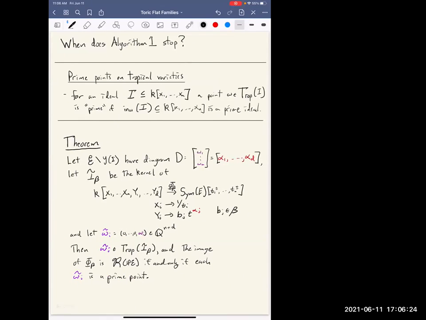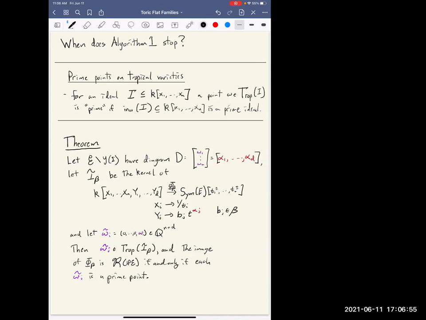So it would be nice, though, to have more than just an algorithmic description in terms of these diagrams of when we have a nice finite generating set of the Cox ring. So to tell you about that, I need to introduce one more piece of terminology, which is familiar from the theory of Newton-Okounkov bodies, in particular familiar for people who are interested in finding valuations whose associated graded algebras are finitely generated.